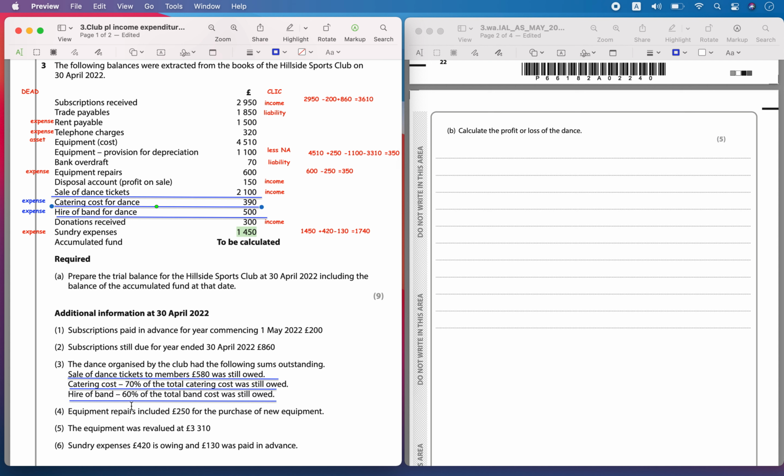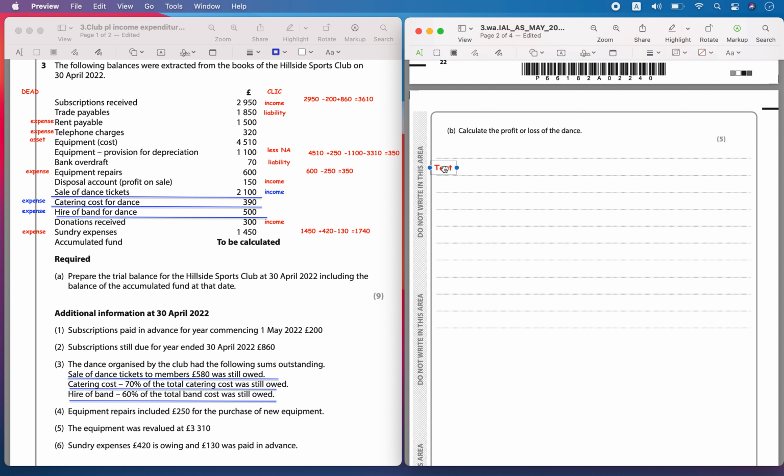So identify wherever it is mentioned in relation to that, because we have to include that in this calculation of profit and loss. I have highlighted in blue whatever is related to the dance. So let's start to write.